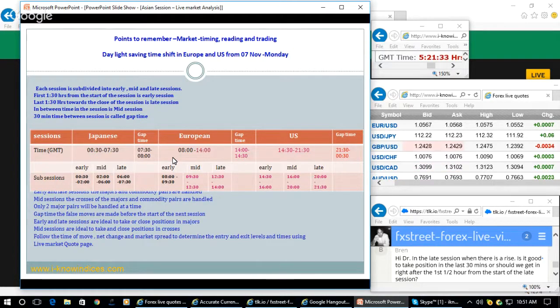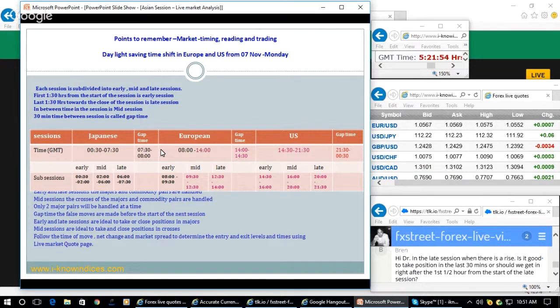And if you are a smart trader, then you will be able to see that they make the opposite move during the gap time. So if they gained the level up to 7:30, then they will make a dip during the first 15 minutes of the gap time and then gain the level till 8 GMT, from 7:45 to 8 GMT.